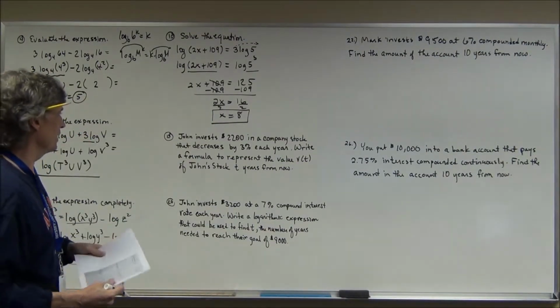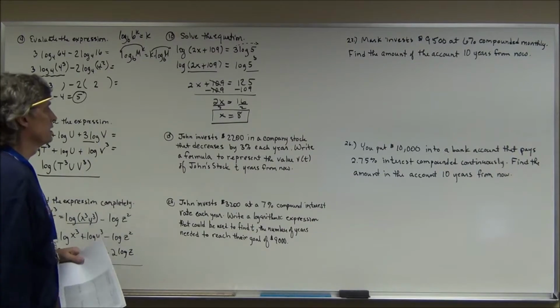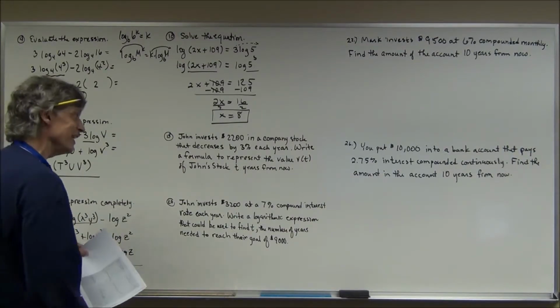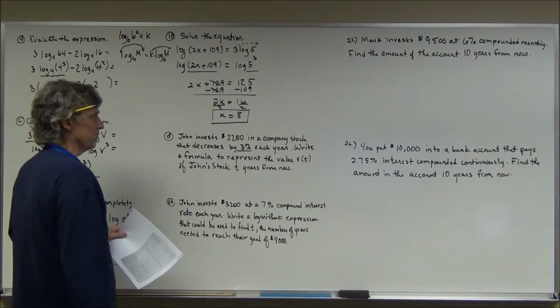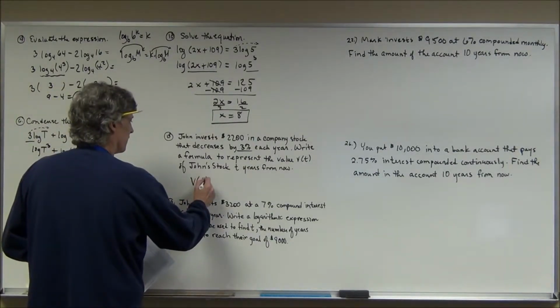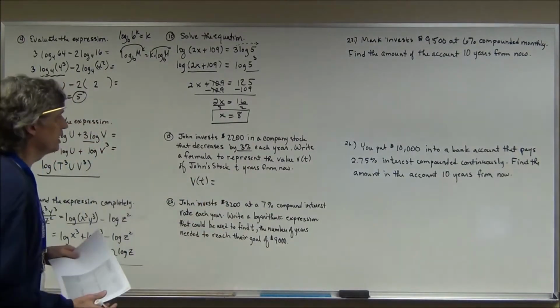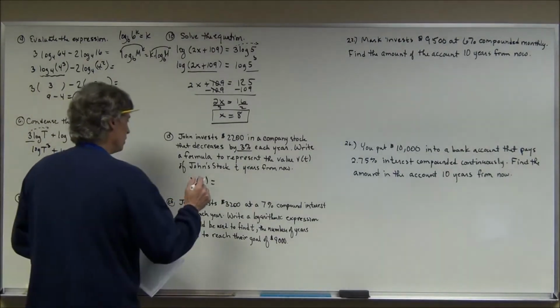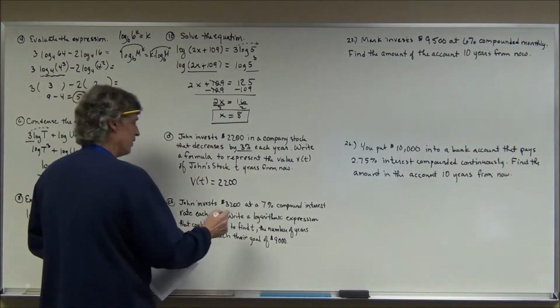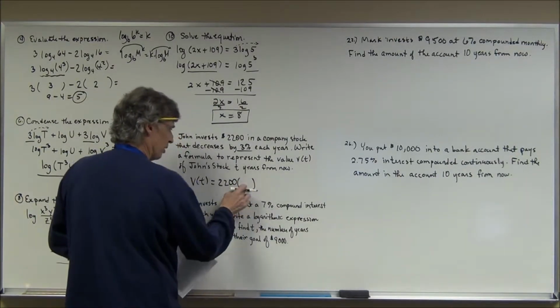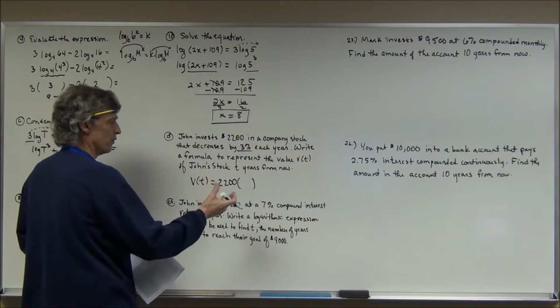It says John invests $2,200 in a company stock that decreases by 3% each year. Write a formula to represent the value V of t, the value of John's stock t years from now. What you're going to do is put the original investment down, and then this part right here is going to be the base of an exponential function.